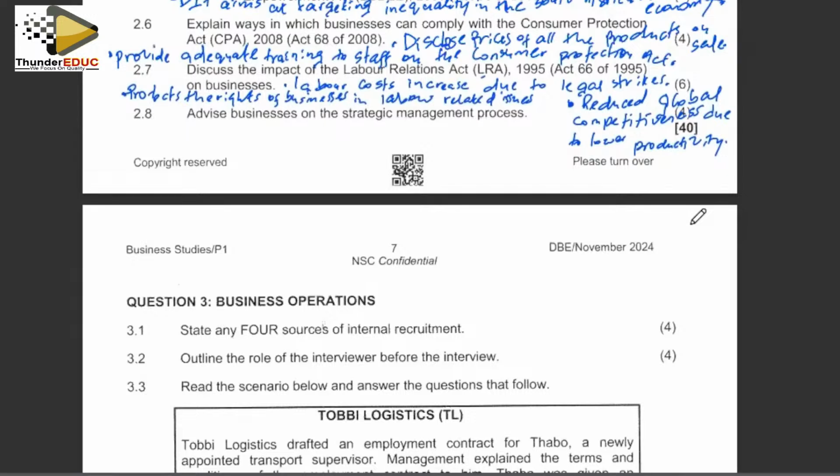Advise businesses on the strategic management processes. So now let's check the strategic management processes.